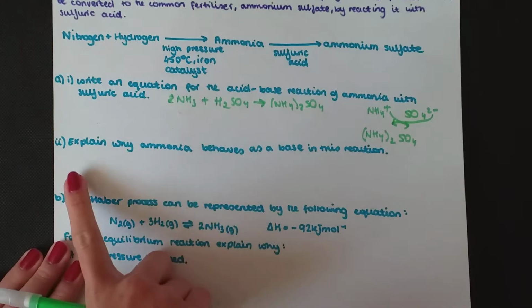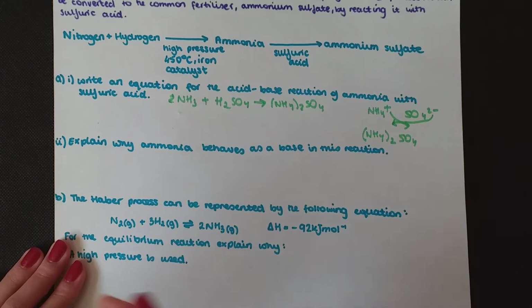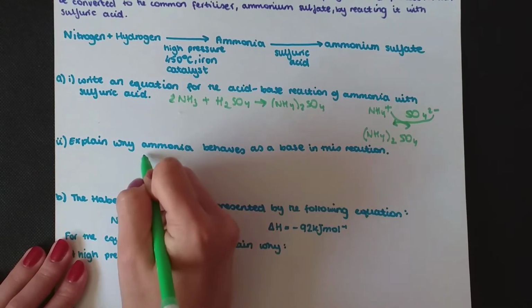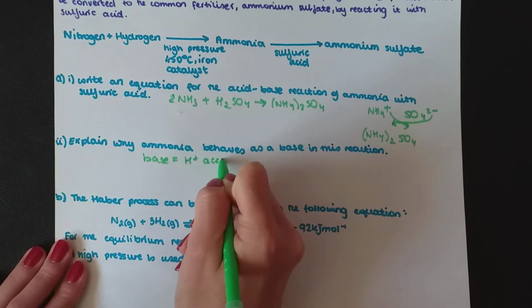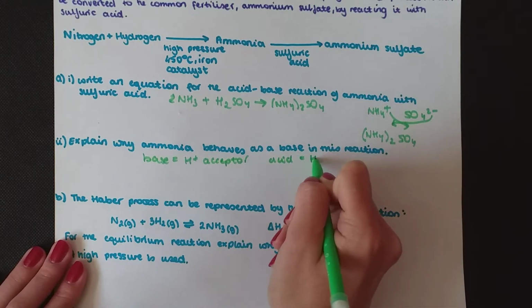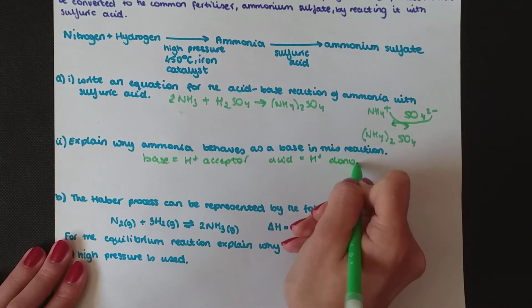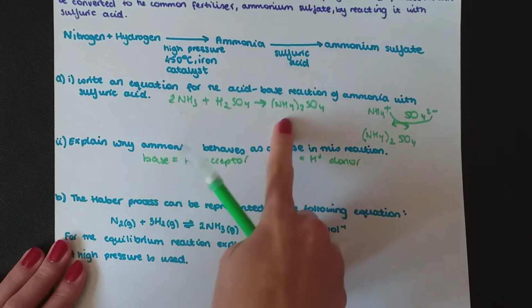So part II says, explain why ammonia behaves as a base in this reaction. So first of all, let's just say base is a H plus acceptor and acid is a H plus donor. So in this reaction, we have NH3 and it changes to NH4.